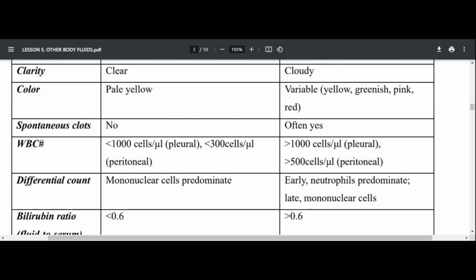If more than 50% are neutrophils, then that can be classified as an exudate. But remember that no single parameter can normally conclude, because a parameter can produce overlapping results among patients, but you can use one, two, or three parameters in order to differentiate.